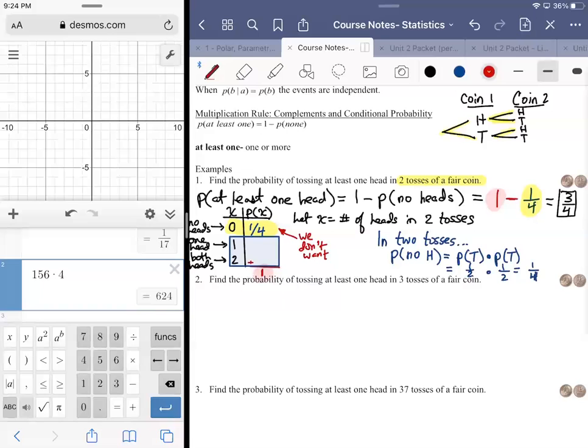So what I'm looking at is I got a heads here, in this pathway, but not that pathway, right? And so that leaves me with a probability of at least 1 heads equal to 3 out of 4.